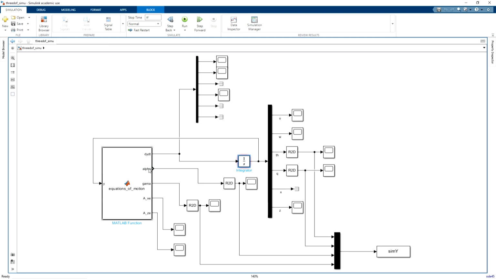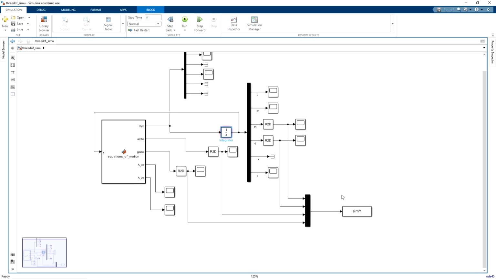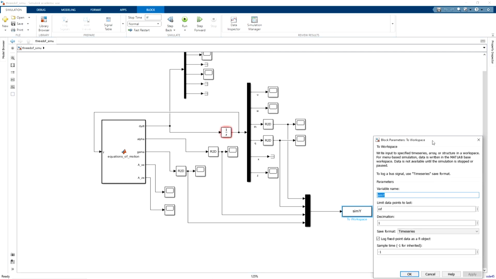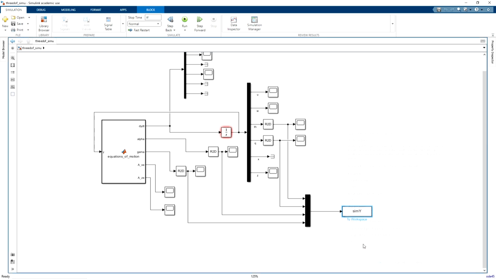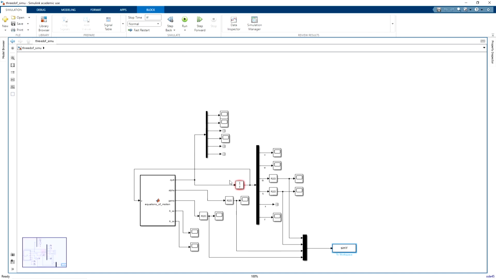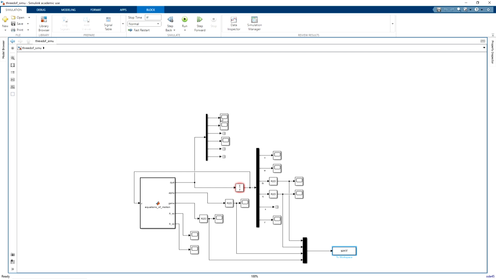Then I am also getting output vector alpha, gamma, AXE and AZE. And I have also used the To Workspace block that we have used before, so it will send the data to the workspace directly in MATLAB. Further, I have also plotted these curves, that is the vector u dot, w dot directly before integration.